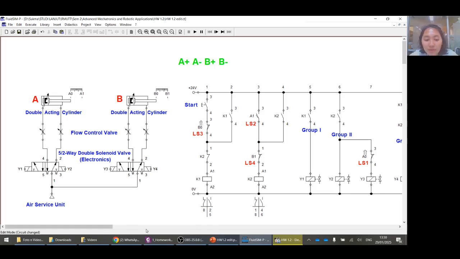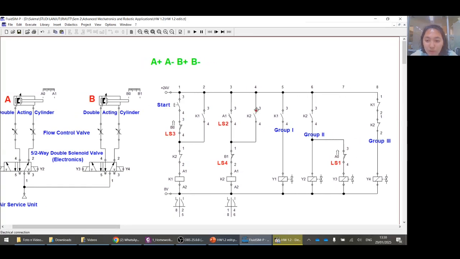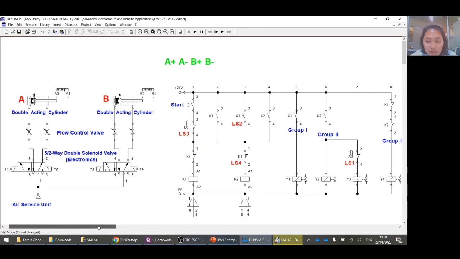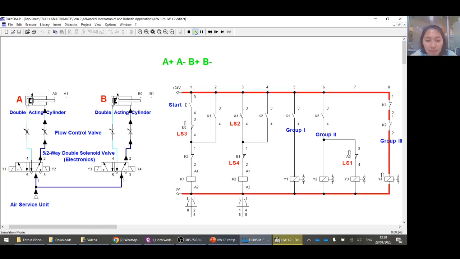And then for this electric circuit, like I showed before, I will simulate. Just press the start here to run the circuit.